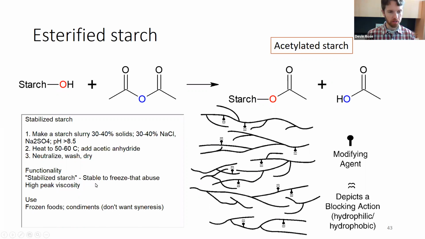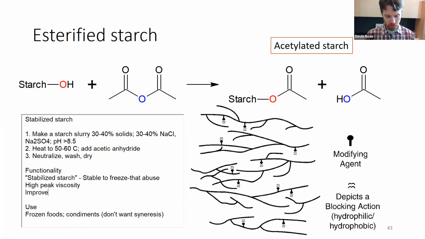I haven't mentioned yet, cereal starches are generally cloudy when you cook them out. So they have a gel that's kind of opaque or white in appearance. And anytime we do any of these chemical modifications, whether it's acid modified, esterified, or some of the other ones we're going to talk about, phosphorylated, etherified, any of these modifications, they are all going to improve the clarity of the gel.